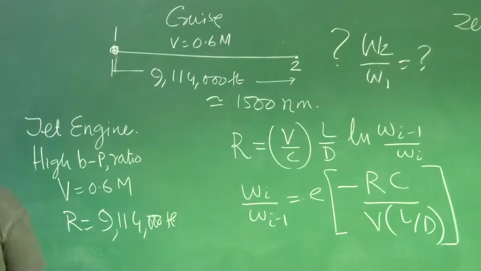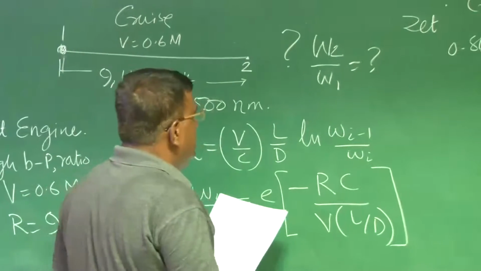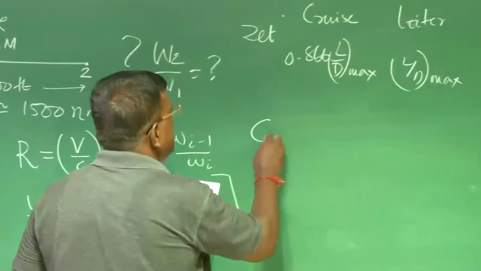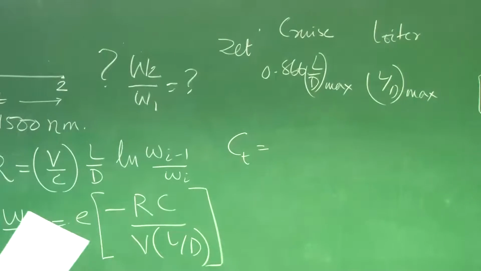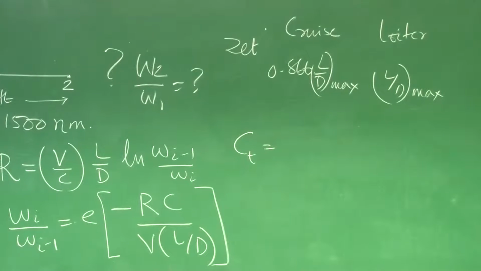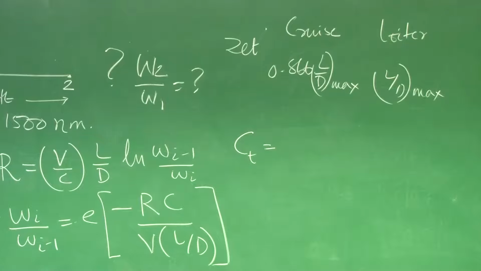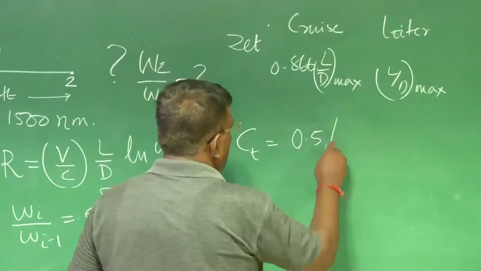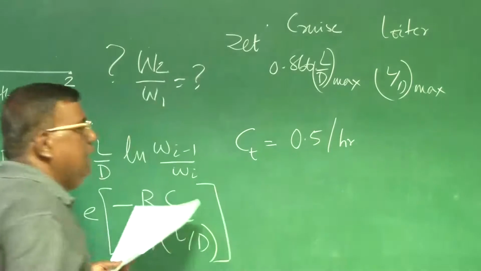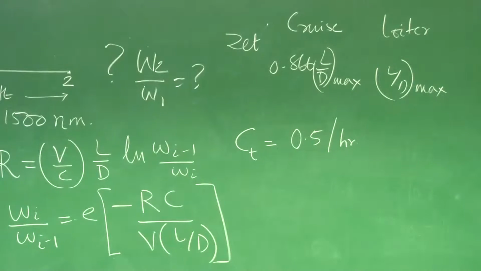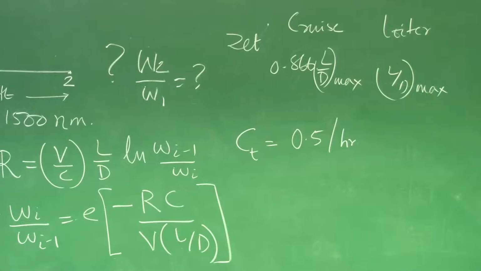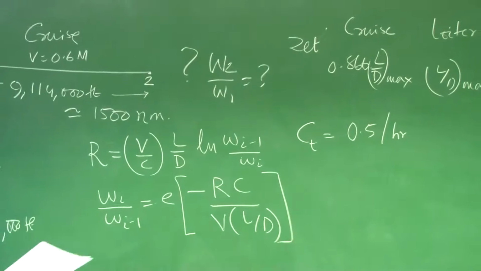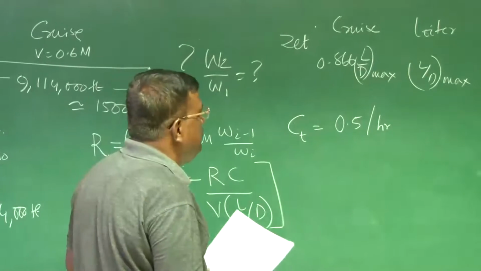Now the value of CT for a high bypass ratio turbofan, we have seen this value to be roughly 0.5 per hour. If you see any literature or any design handbook, even an old edition of Raymer, the units are like this. In the new edition, yes, there are changes, but I am following an old edition.